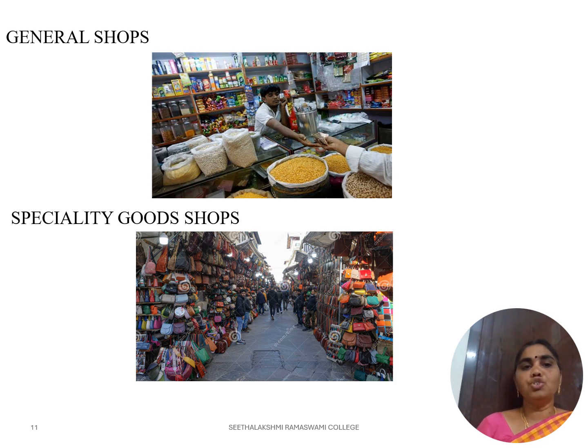The next one is general shop. Generally, these shops sell all the products which are necessary for day-to-day life. The next one is specialty goods shop. These shops sell only a particular variety of goods, such as bags, toys, garments, etc. They sell only particular products.